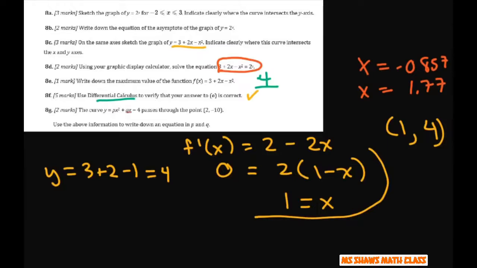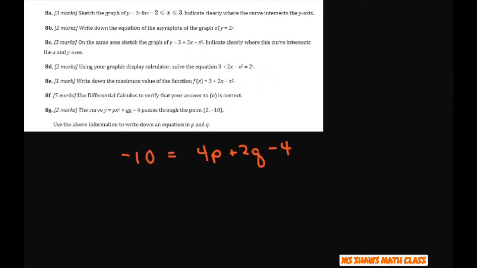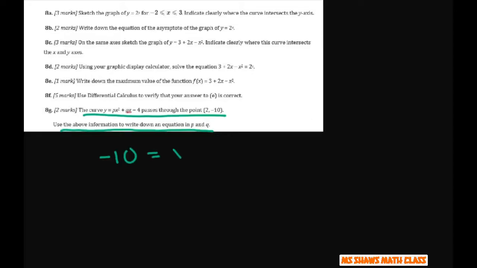And then it says, the curve passes through this point. Use the information to write an equation down in terms of p and q. So this is 8G. So you're just going to plug in your y and your x. That's all they want. So negative 10 equals p times 2 squared plus q times 2 minus 4.